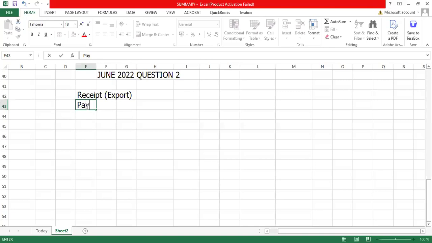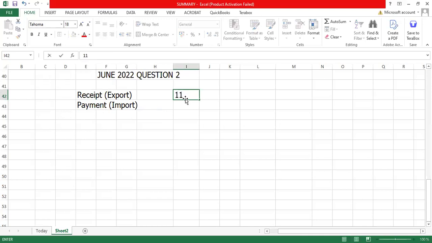This is the payment, because in a situation where you're importing, it means that you're going to make a payment. Okay, the receipt is of how much? You are exporting goods worth what? 11?